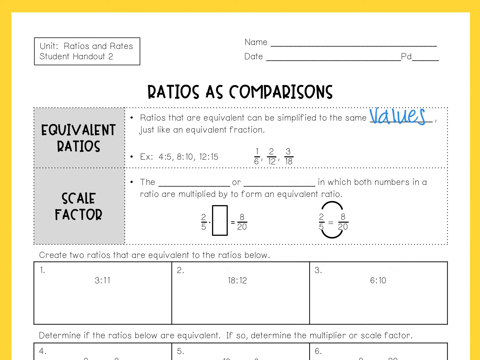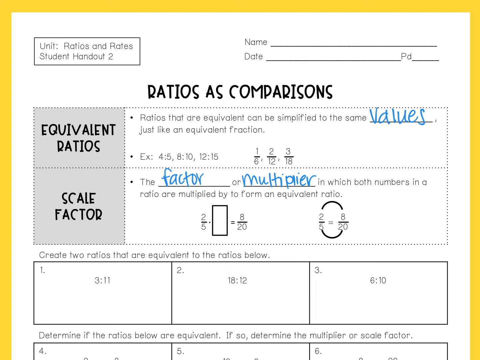So scale factors. The factor or the multiplier in which both numbers in a ratio are multiplied by to form an equivalent ratio.